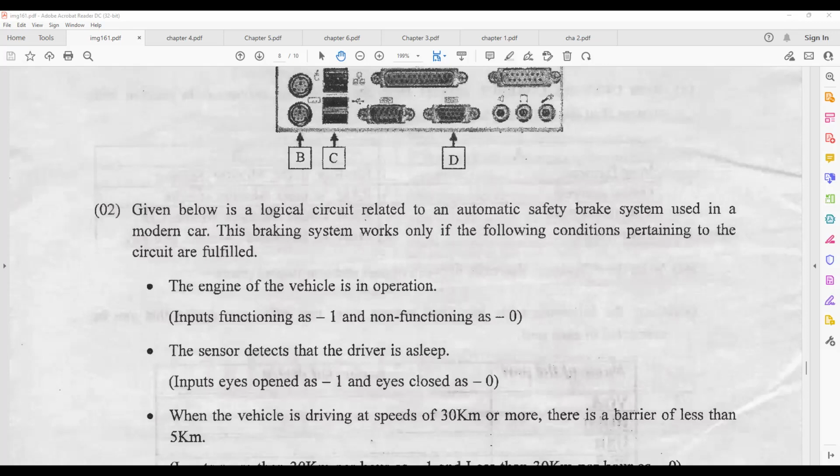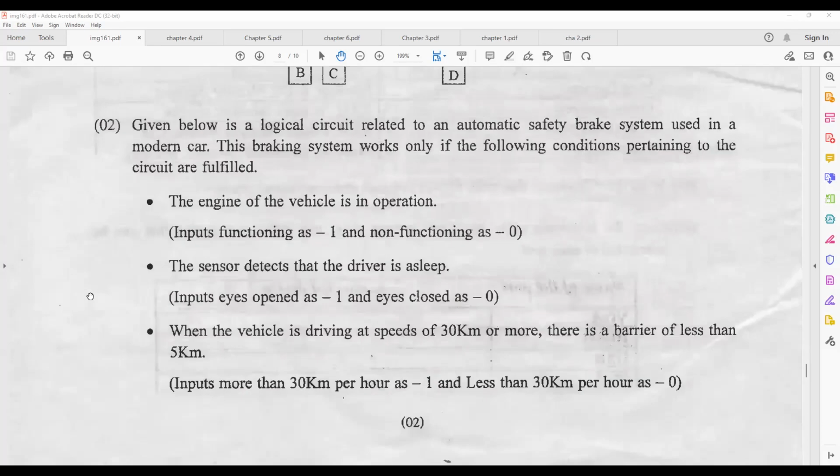Right. Let's try to answer question number 2.